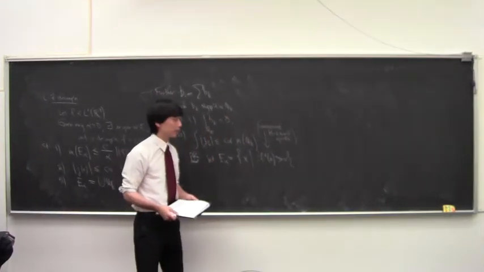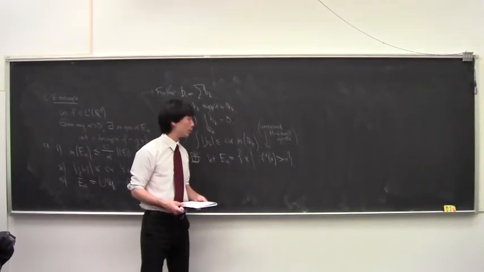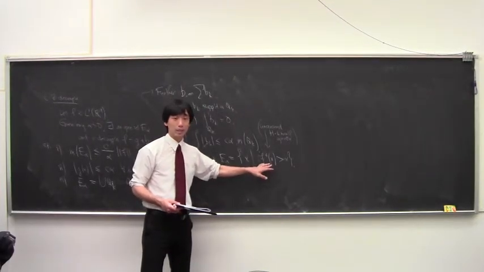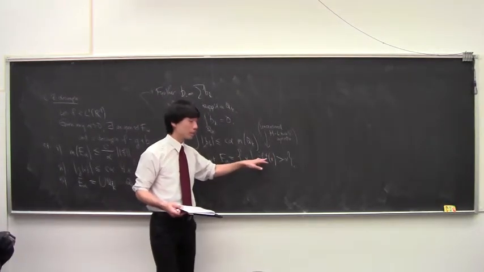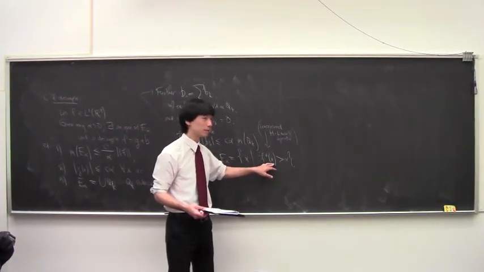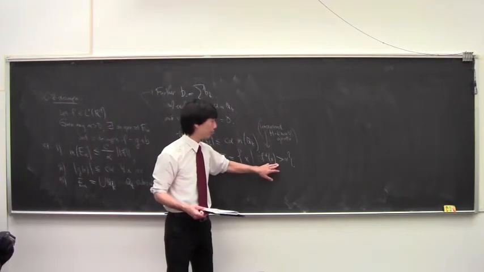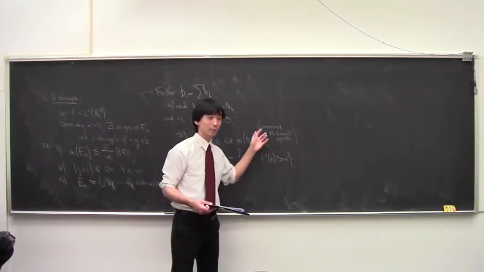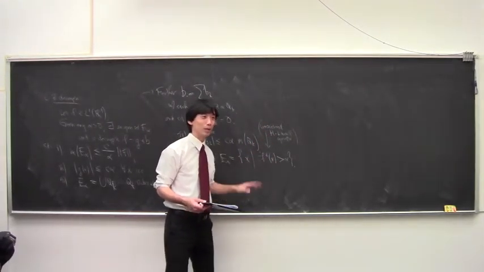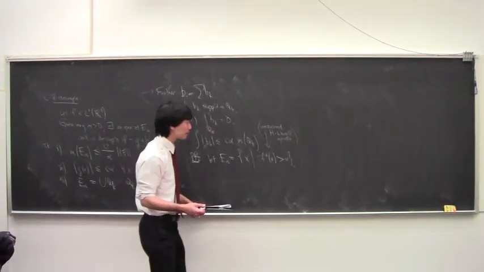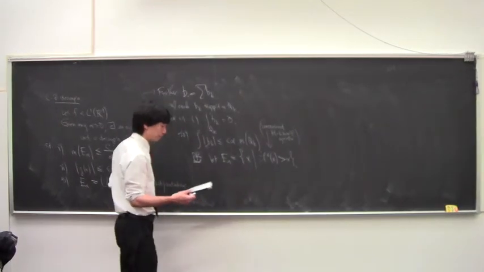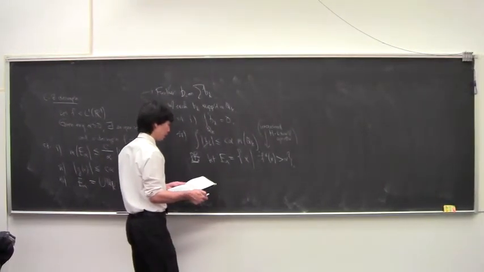Previously, when I defined it, I said you take these cubes or balls centered at x. Actually, we will use the uncentered one, and we have been using the uncentered one all along. So I'm sorry to have misled you.